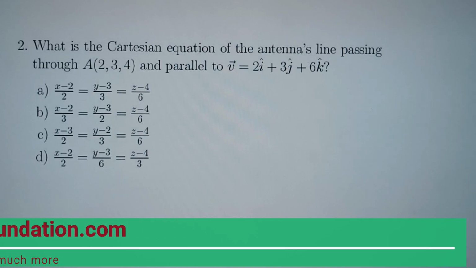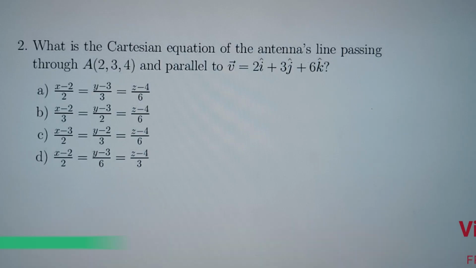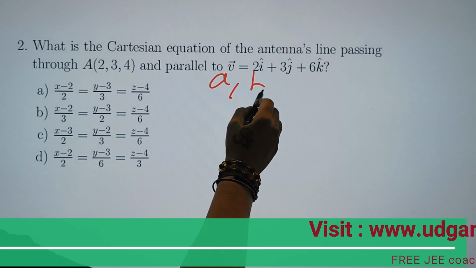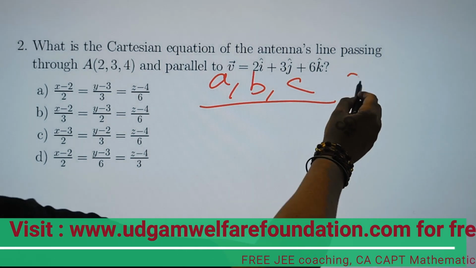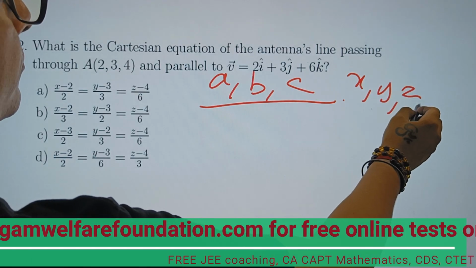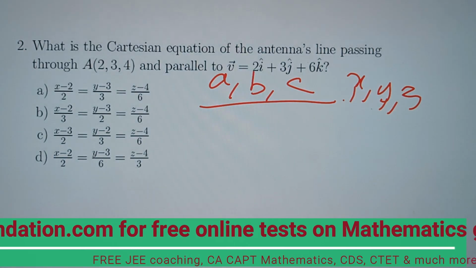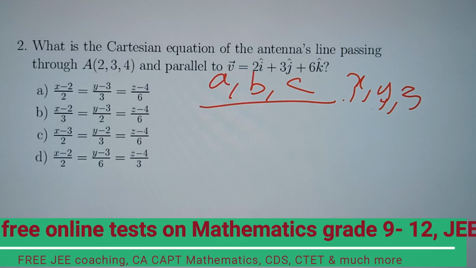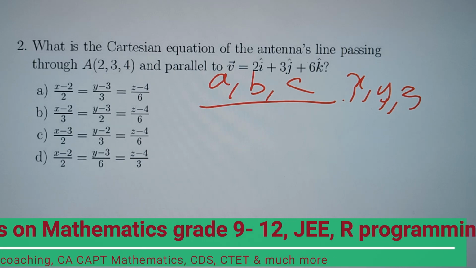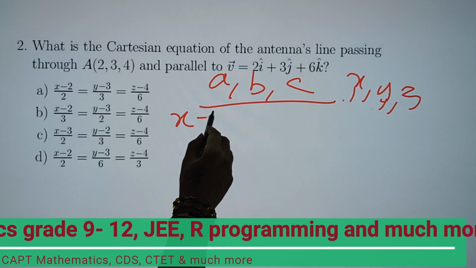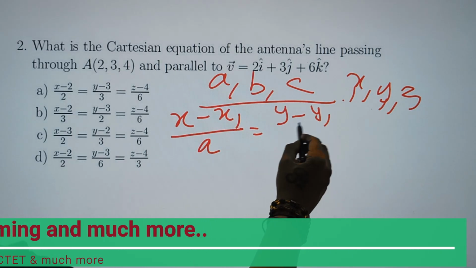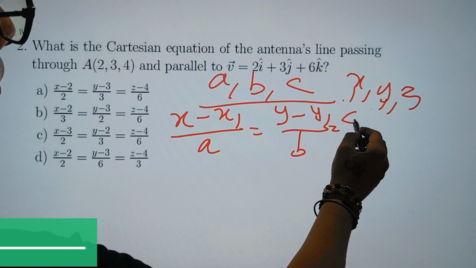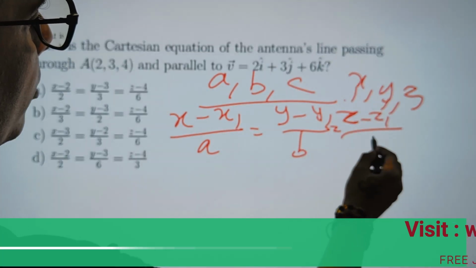As we know that if we have a, b, c as our direction ratios and the point (x1, y1, z1) through which the line is passing, then we can simply say that our required equation is (x - x1) upon a equals (y - y1) upon b equals (z - z1) upon c.